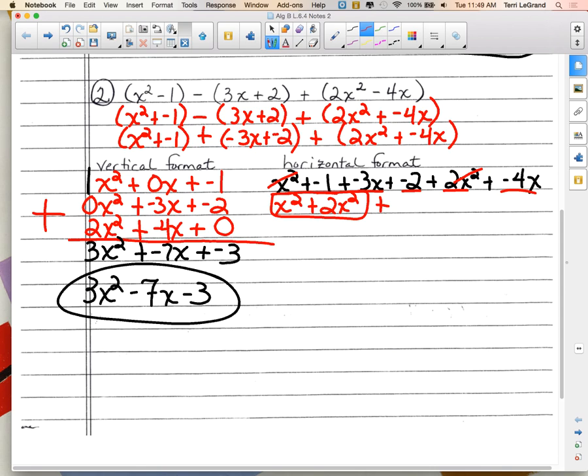And then standard form, what would come next? The x's or the constants? The x's. So then I would say, okay, well, I got that -3x. That's going to come next. And do I have any other x's? Yeah, I got some more at the end there. So those guys are going to become their own group.